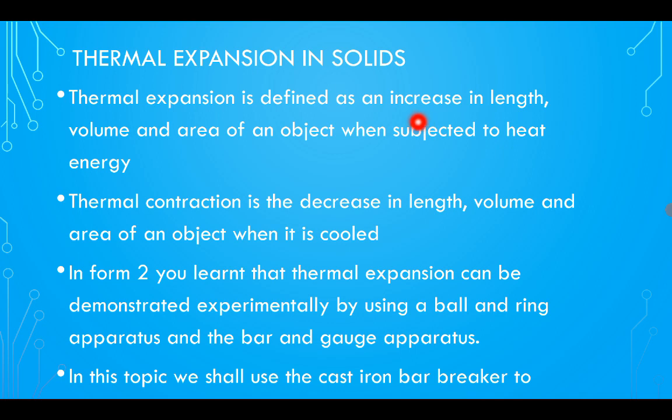All right, when an object is subjected to heat energy, what we are saying is that when a body is heated, its length, volume, and area increase in magnitude. The magnitude of length, the volume, and the area increase due to the heating. So that change is called thermal expansion.